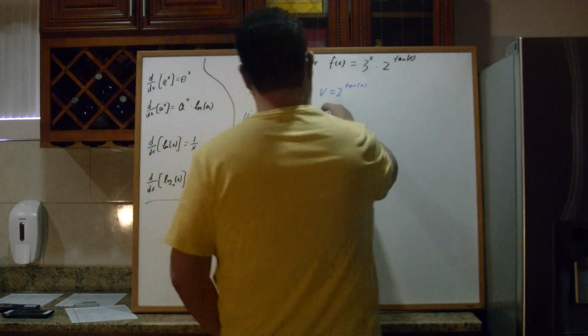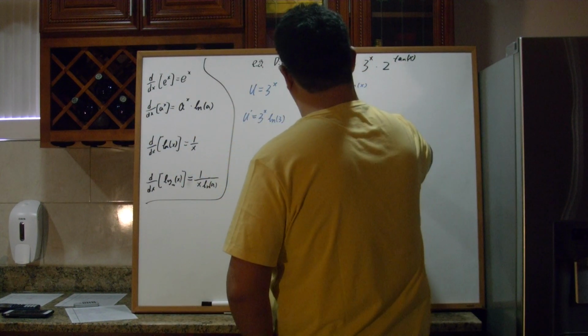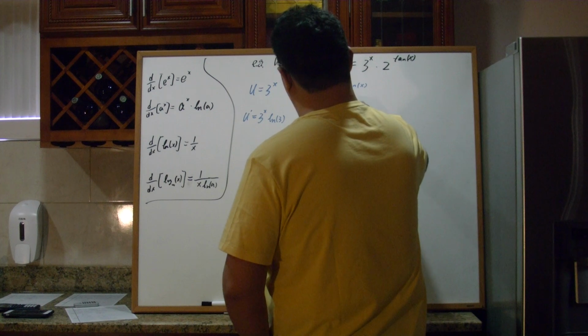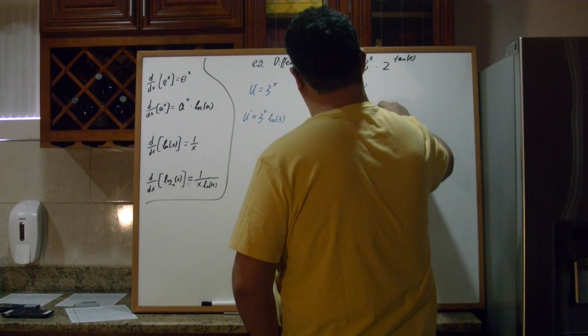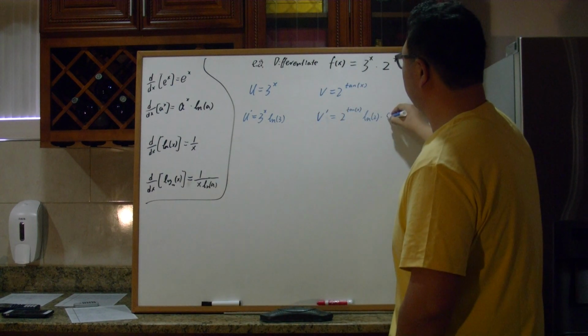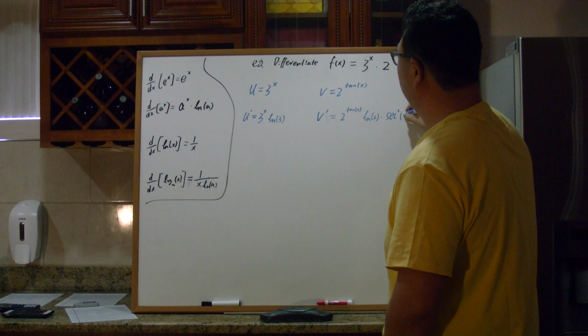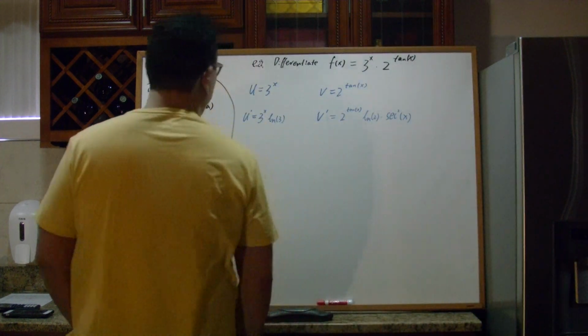And the v prime is 2 to the tangent x natural log 2 multiplied by the derivative of tangent, which is secant squared of the variable x. So that is what the v prime is.